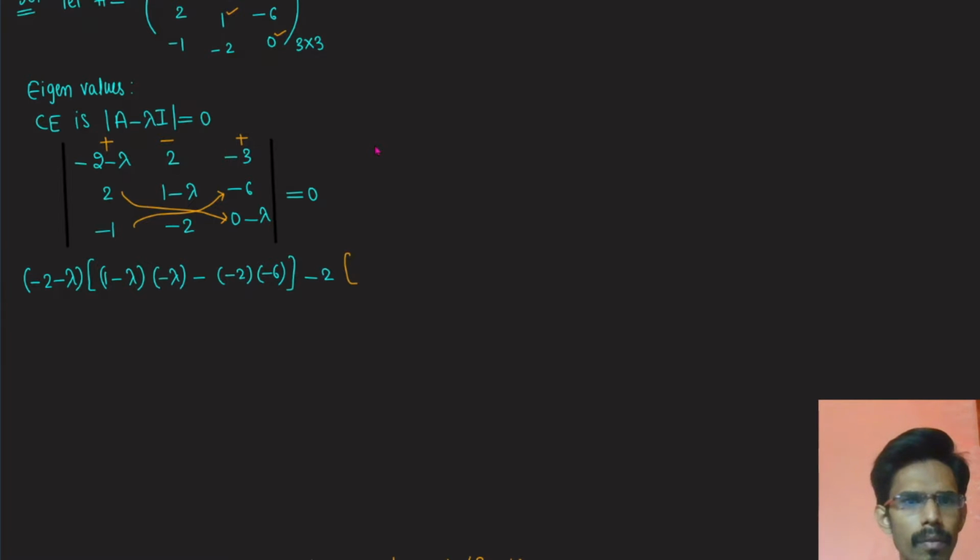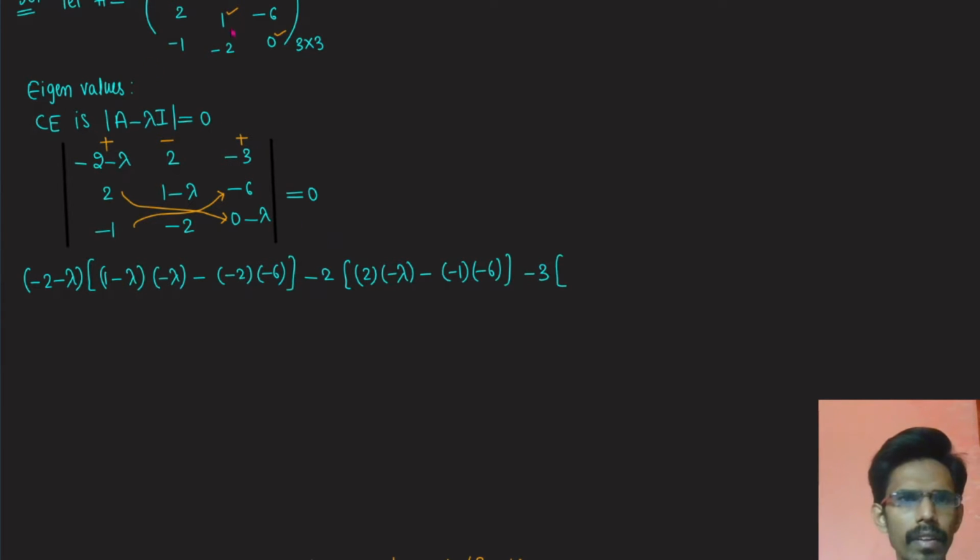So we have 2 into minus lambda, put the minus sign, then we have -2 into -6. Next we have the third element of the first row, -1.